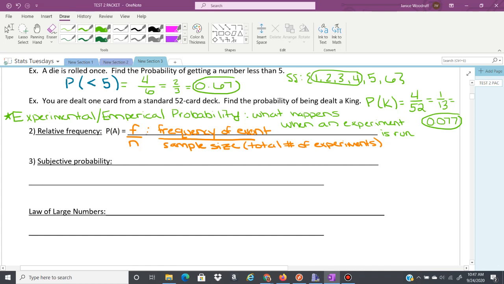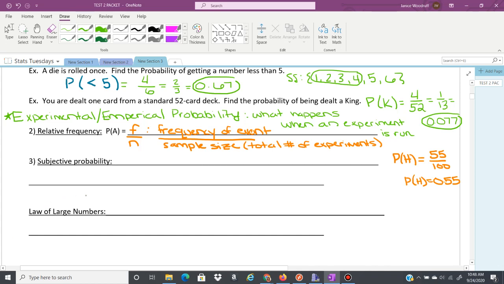Let's say, for example, I flip a coin 100 times, and out of the 100 times, 55 times I get heads. Then my experimental probability of heads would be 55 over 100, or 0.55. So that's all that is.